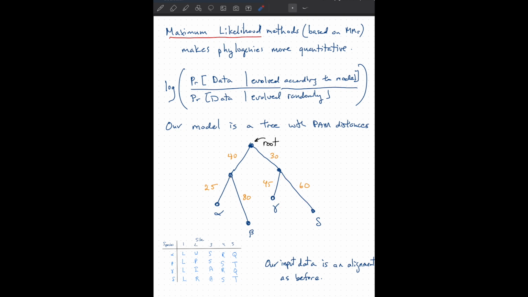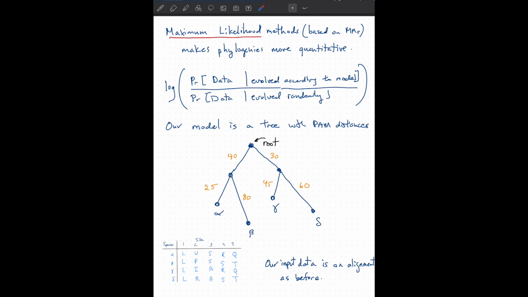We call it a model because we can imagine starting here at the root and simulating with our Markov process the evolution that leads to alpha and beta through this speciation event. Same thing for gamma and delta, of course. Now we see these sequences here at the leaves of this tree.